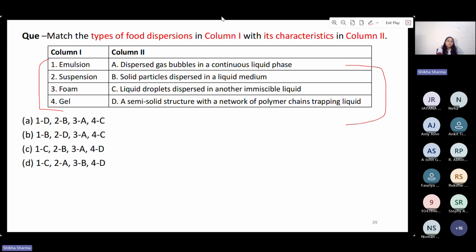This is a very basic question about the types of food dispersion systems. We should know which one is known as gel, foam, suspension or emulsion.